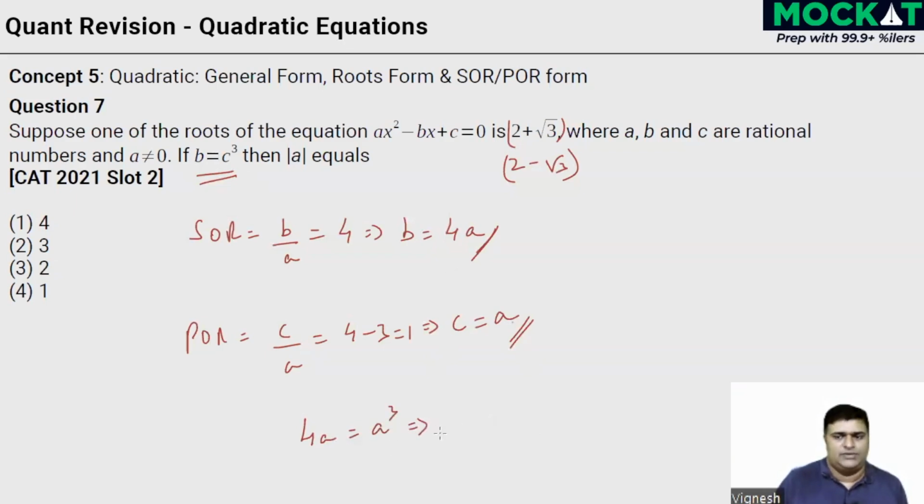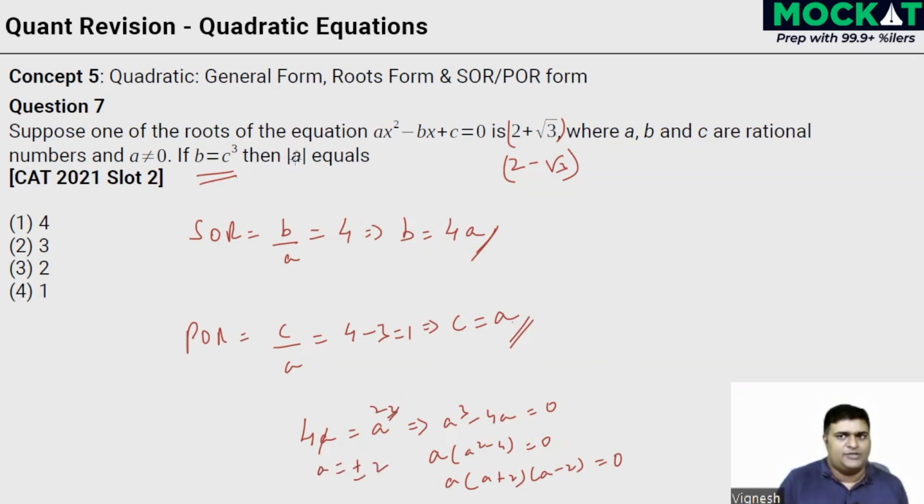So then if I just bring 4a to one side, a cube minus 4a equals 0. A into a square minus 4 equals 0. A square minus 4 is a plus 2 into a minus 2 equals 0. So what's going to be the value of a? If a is not equal to 0, I could just simplify it over here itself and say a square is 4, a equals plus or minus 2.